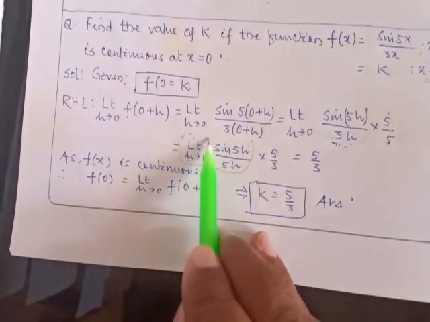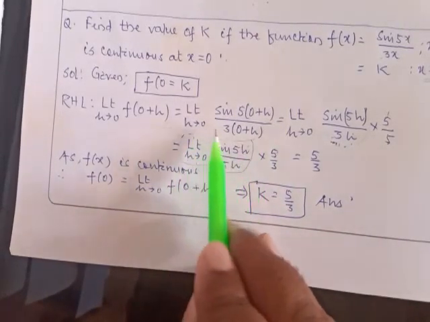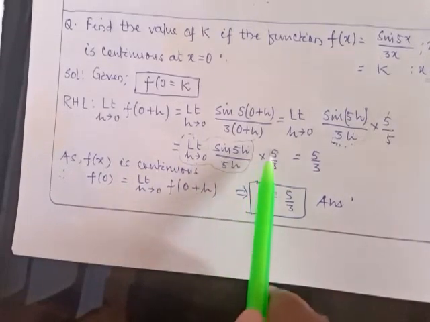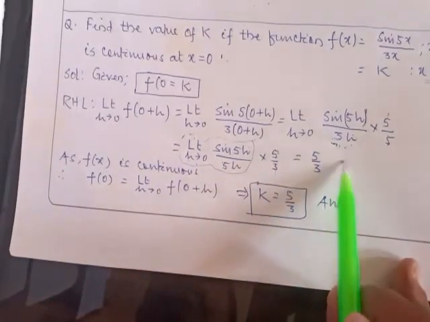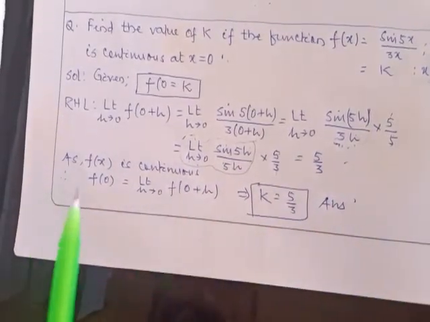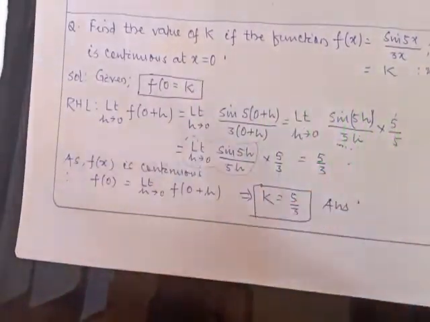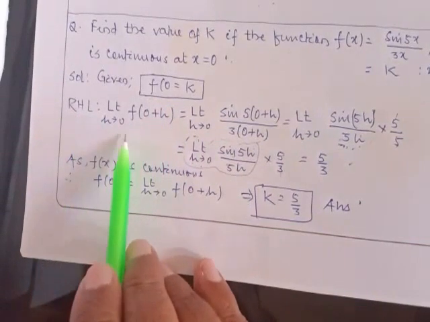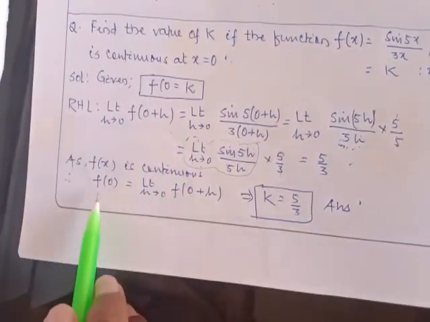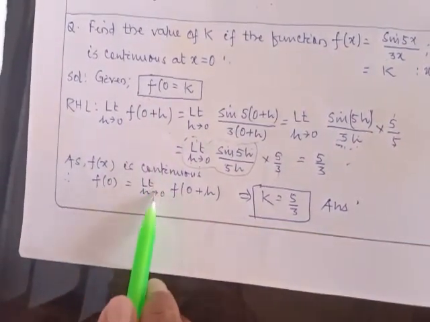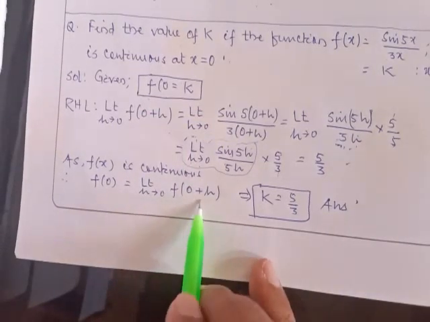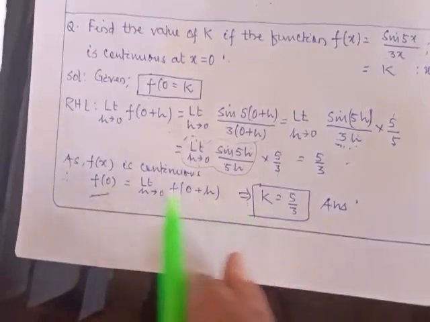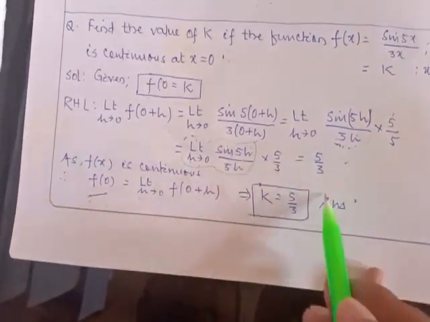So this becomes 1 into 5 by 3, which is 5 by 3. Now given the function is continuous, f(0) should equal its right hand limit, which means f(0) equals limit h tending to 0 of f(0+h). Putting the values, f(0) is k and the limit is 5 by 3. So k is equal to 5 by 3 is your result.